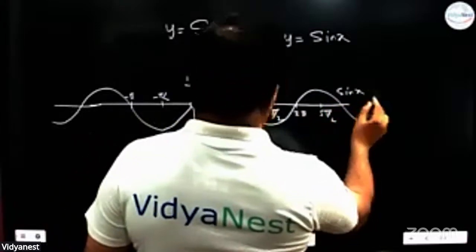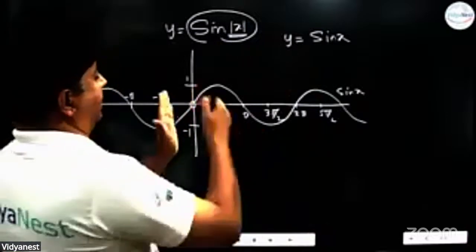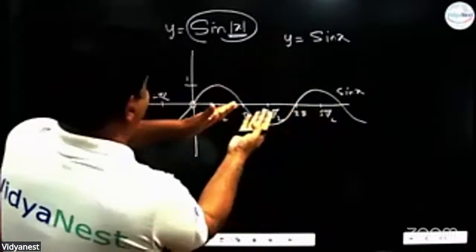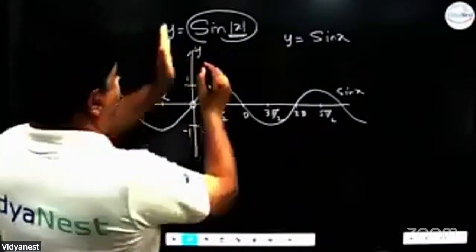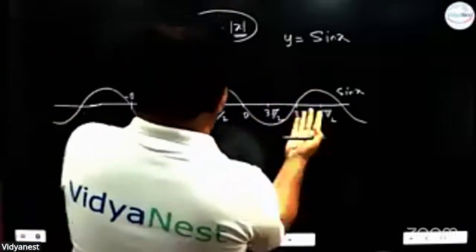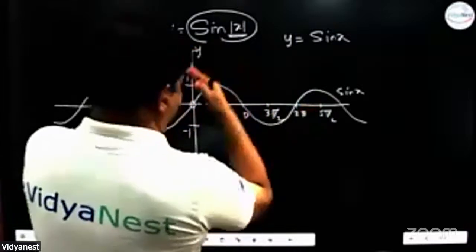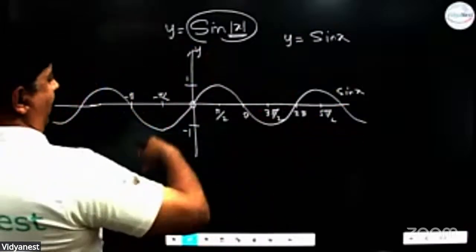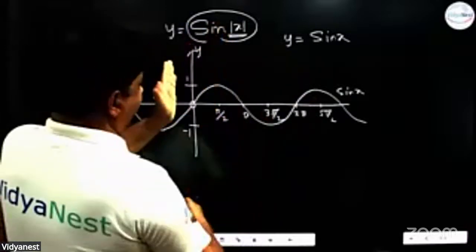But here we are told sine mod x. So there will be the image of the right hand side in the left hand side with respect to which axis? Y axis. Yes or no? So you do one thing, you fold this paper. Consider this thing as a paper, and you fold this part along this y-axis.